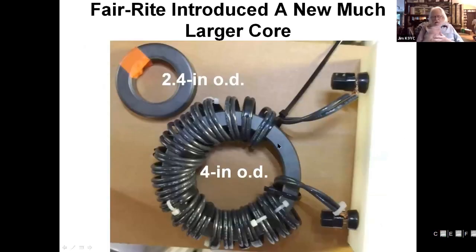Another thing that we were able to do with the new cookbook was that Ferrite had introduced a new, much larger core. And this looked very interesting to me. I did a group purchase for a bunch of guys in the club, including myself.